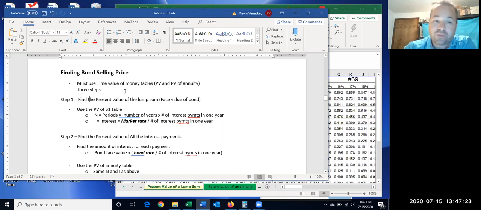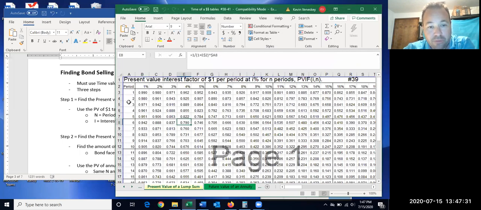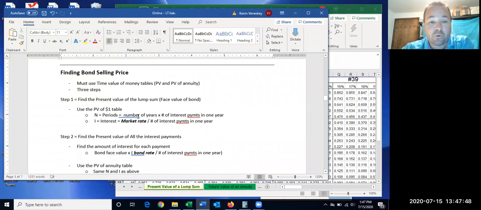Okay, so before we can use these time value of money tables, we have to first know the terms of N and I. N, these are your periods, and that's basically telling me how many times interest is paid. So even though it may be a 5-year bond, if it's paid semi-annually, then you come down to 10, because it's 10 times the interest is paid. So number of years times your payments in 1 year.